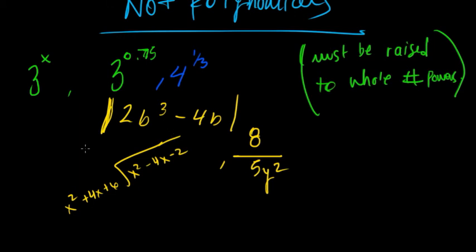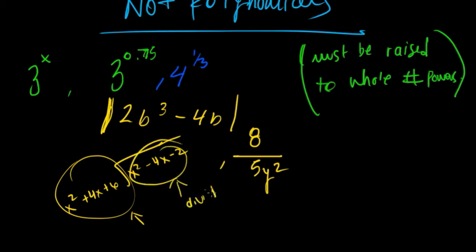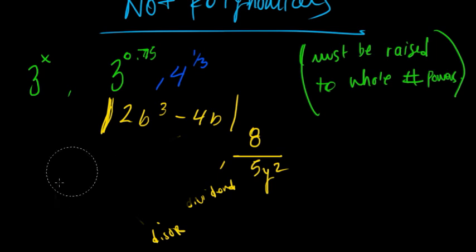Both the dividend and the divisor are polynomials, okay? But this division here is not a polynomial.